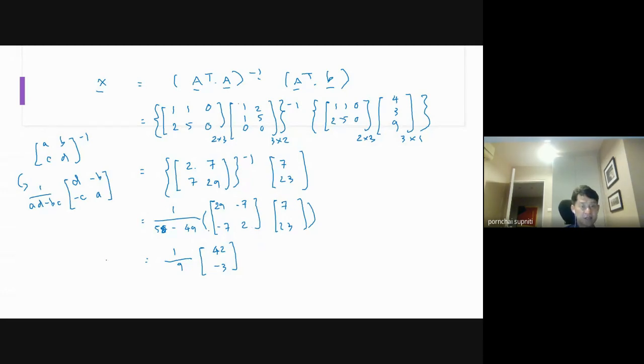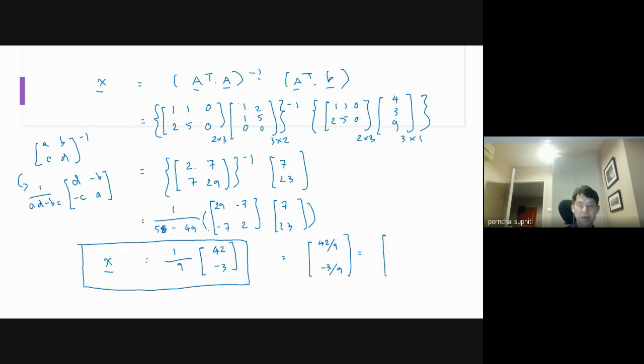So this is x. This is what we find: x, which is x1 and x2, right? So we get x1 and x2, which is 42 over 9 and minus 3 over 9, which is what?